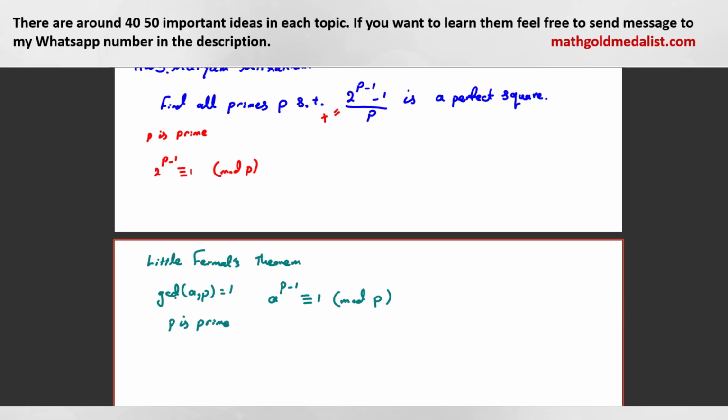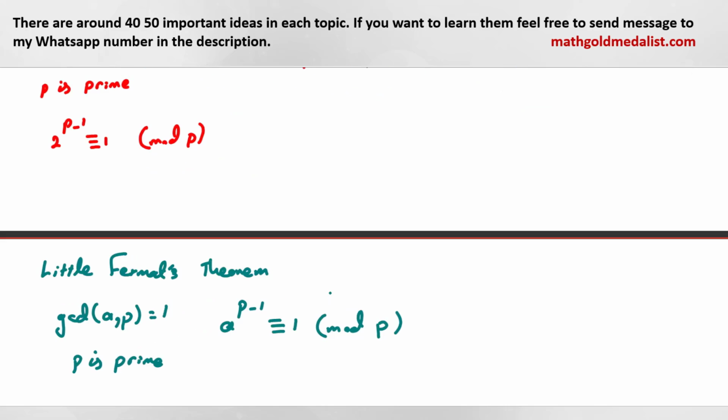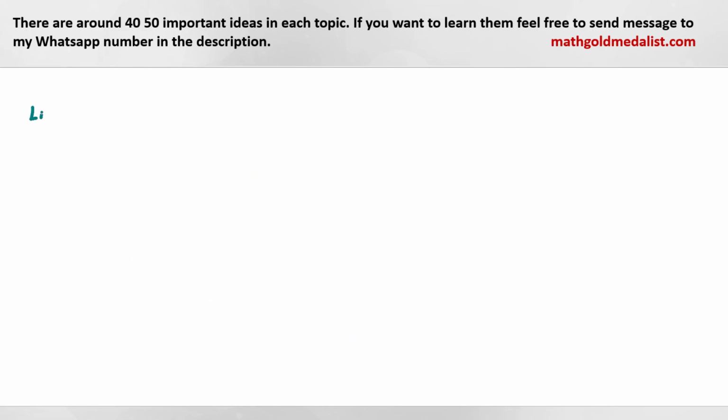Okay, memorize this. Have I told you this before? Have you seen this before? I've seen it before. I don't think you've told me. Okay, so one thing that we should work on is Little Fermat's theorem, then Euler's theorem, and then I'll tell you about order in number theory.